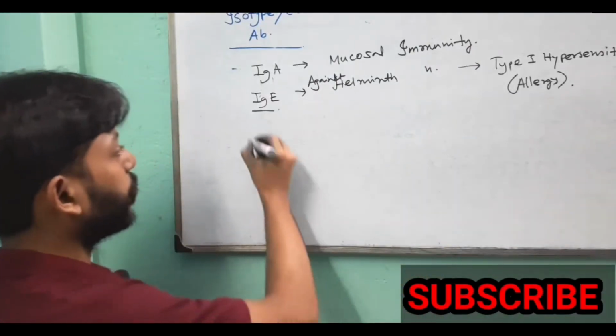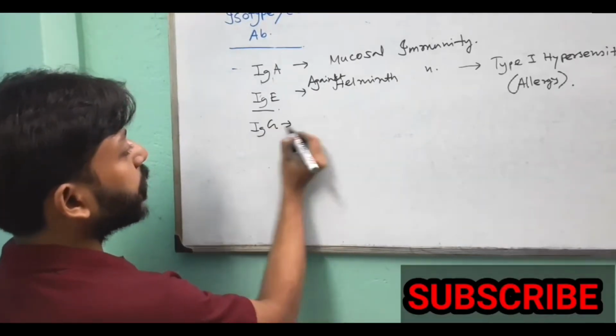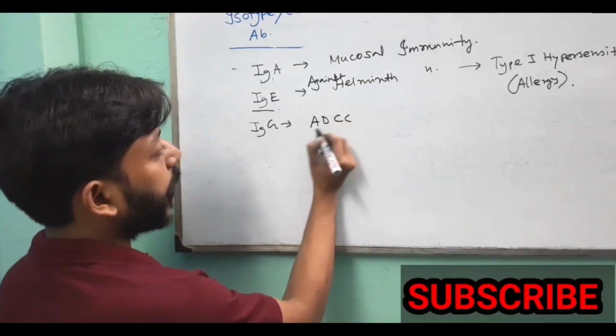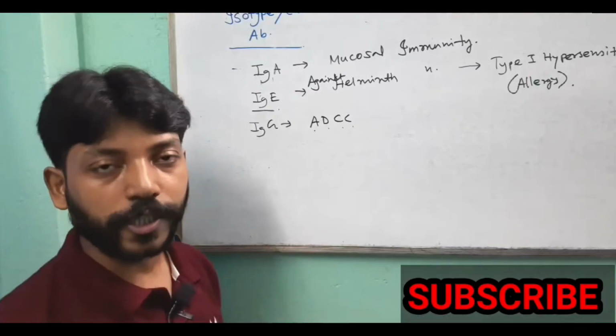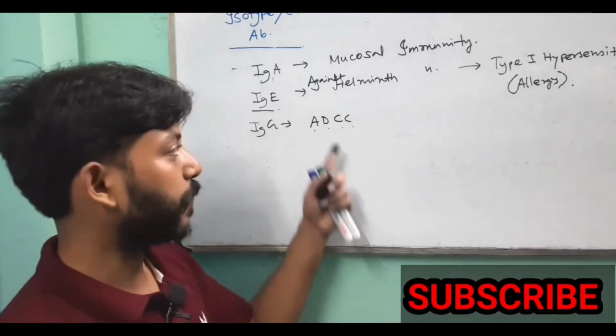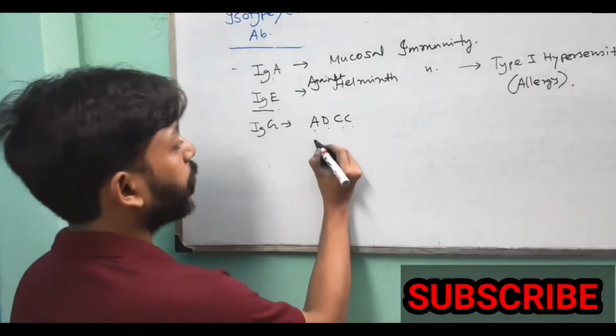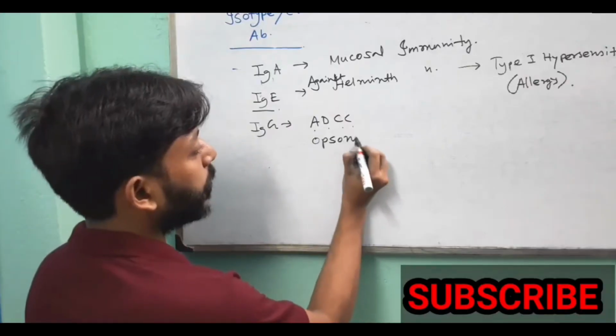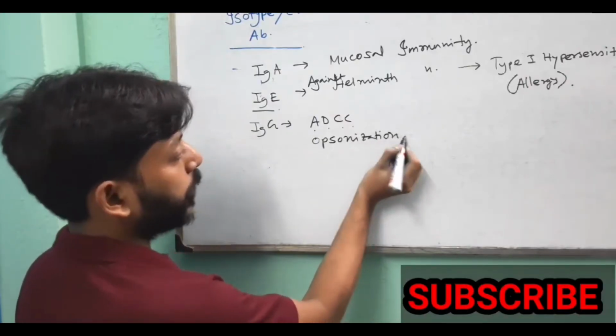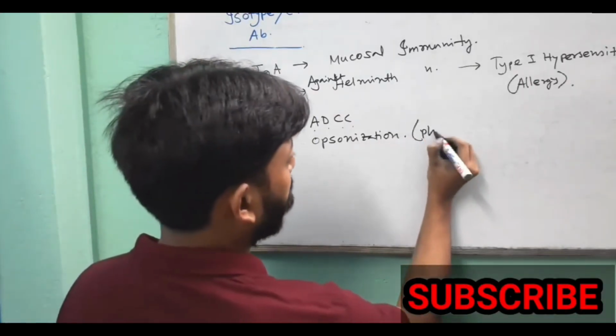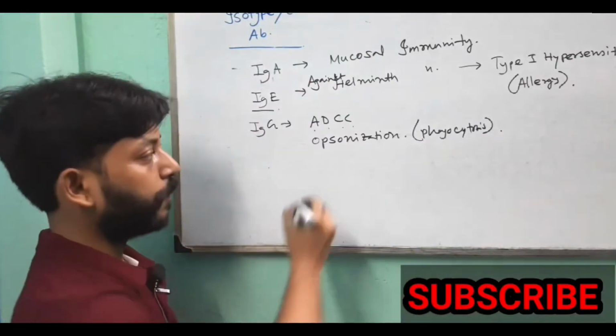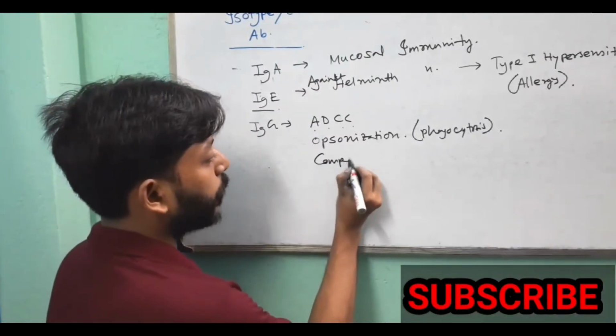It's a disease condition. IgG, as I have mentioned, can perform ADCC, antibody dependent cell mediated cytotoxicity. In another video I have made a separate video on ADCC, and opsonization to kill the bacteria by phagocytosis. Opsonization helps in phagocytosis so that it can kill the bacteria, and it can activate the complement pathway.